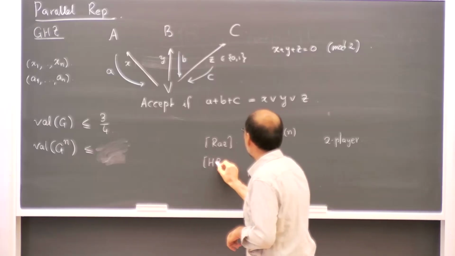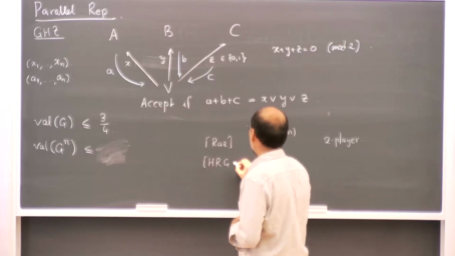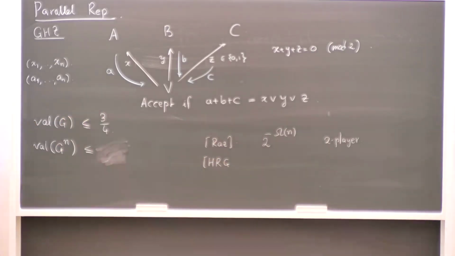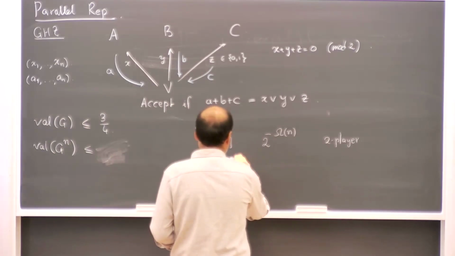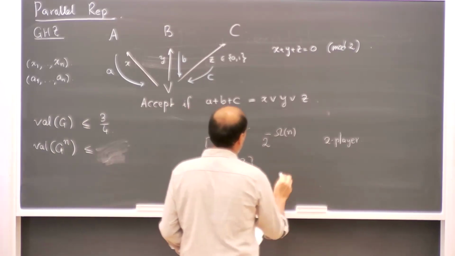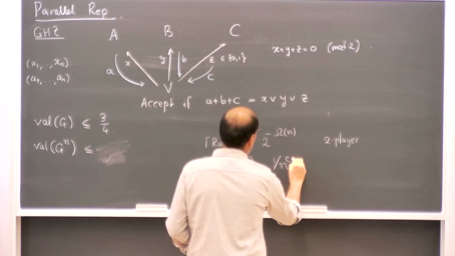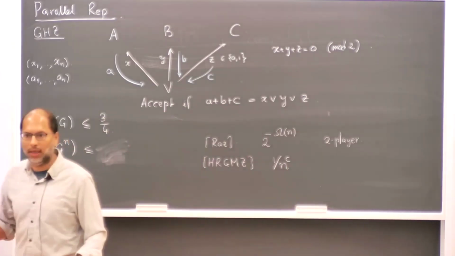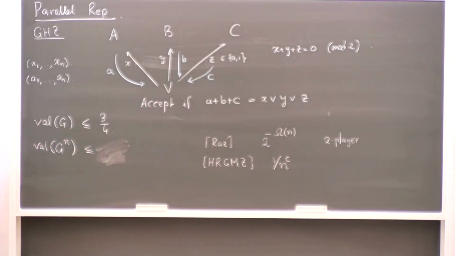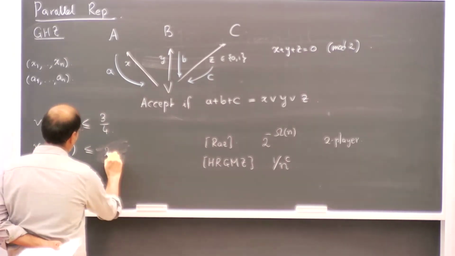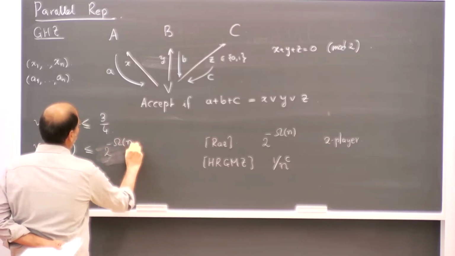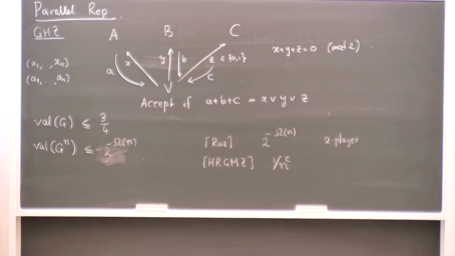And Holmerin, Raz, Girish, Mittal, and Yan did show a bound which goes down polynomially in n. And in a result with Mark and Dor, we did show for the GHZ game that the bound does decay exponentially.